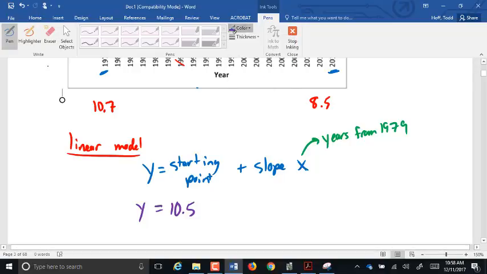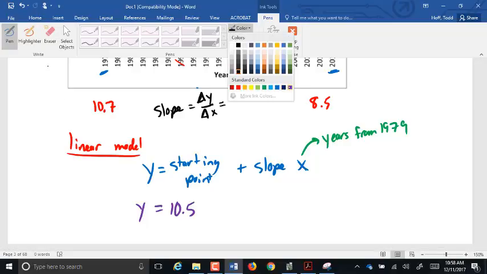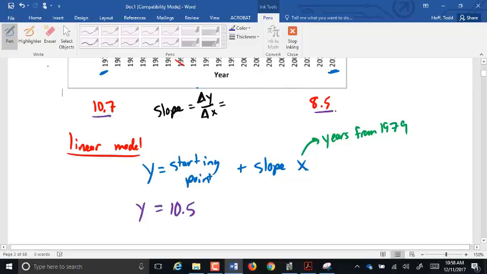Now remember, slope is your change in y over your change in the x variable. So our change in y, we went from 10.7 to 8.5. So it's actually 8.5 minus 10.7, which is a negative 2.2.